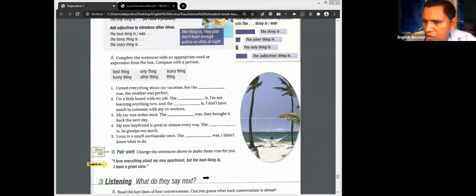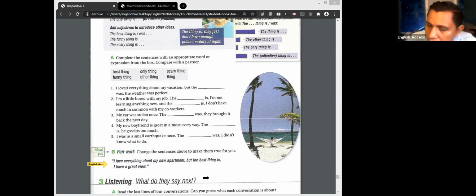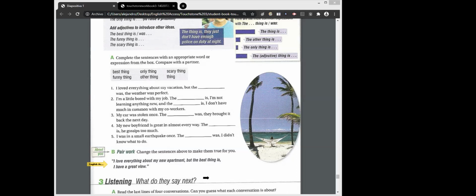I have 2 ideas. Okay, come on. Go ahead right now. I was in a small earthquake once. In a what? In an earthquake once. Earthquake. The funny thing is one of my partners pushed the teacher and ran.